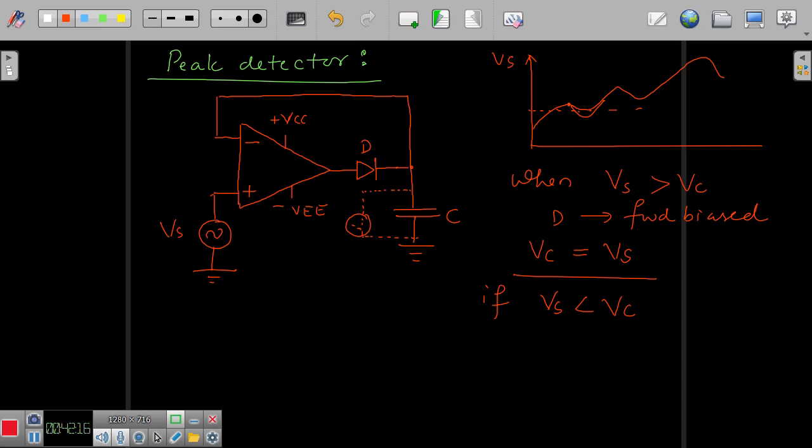Once the diode is reverse biased, the previous value it had reached will be retained across the capacitor. And again, when Vs exceeds this Vc, then definitely the diode will again become forward biased, and the capacitor will be charged to the next value, right?